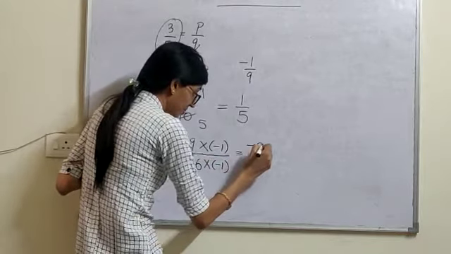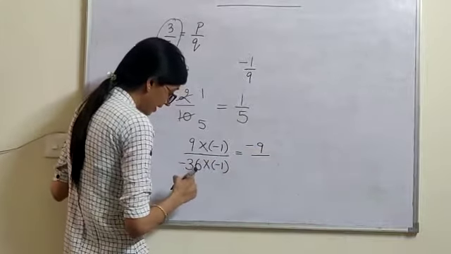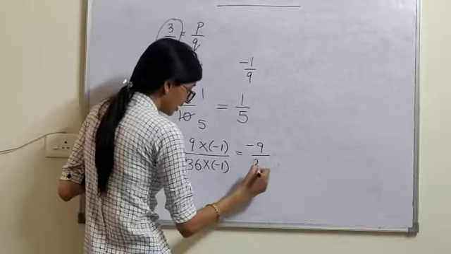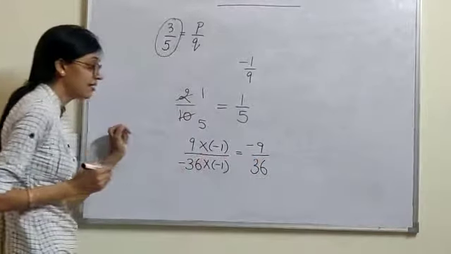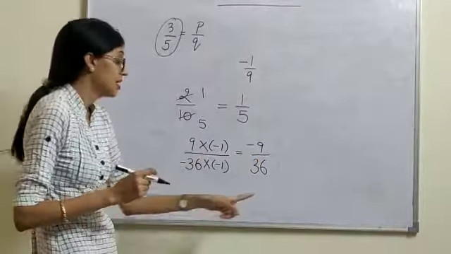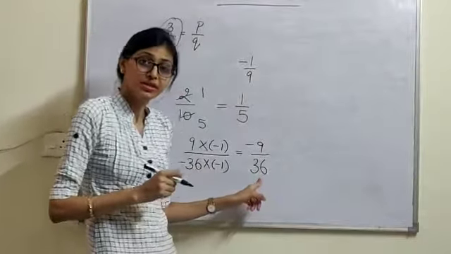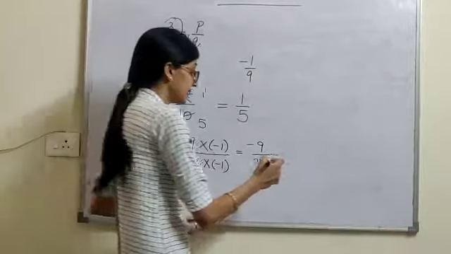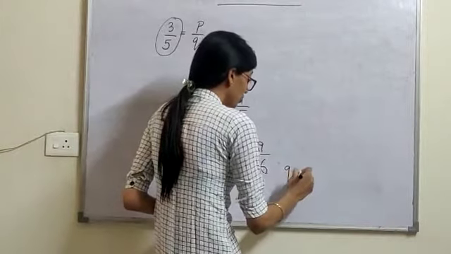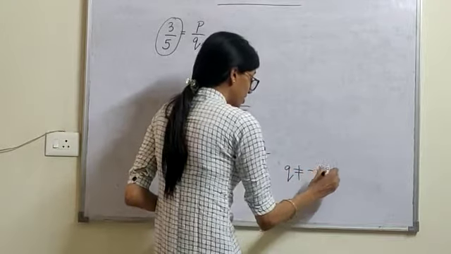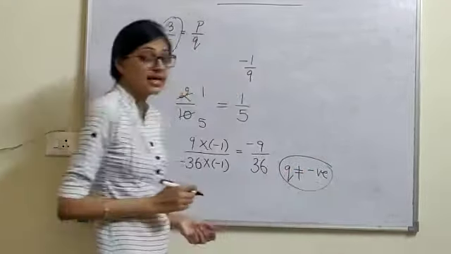So it will become minus 9 upon 36. Now I have made the denominator positive. The first condition is satisfied, that Q should not be negative.